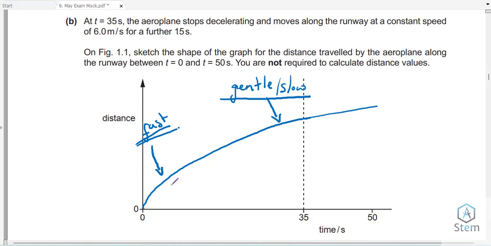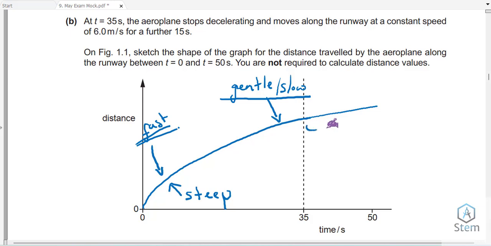How do we know that this is fast and that is slow? We look at the gradient of a distance time graph. The gradient of a distance time graph represents the speed of the object. So we have steep means higher gradient, therefore fast. Gentle means less gradient, therefore slow.